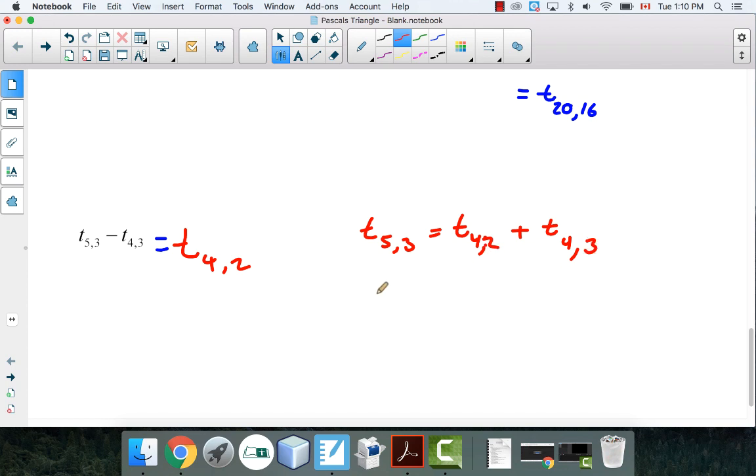And then you could rearrange it if you had to. So you would go t5, 3 minus t4, 3. That would have to be, because this would become over here, you'd have to be left with t4, 2. So that would be your answer right there. So either way, you get the same result.